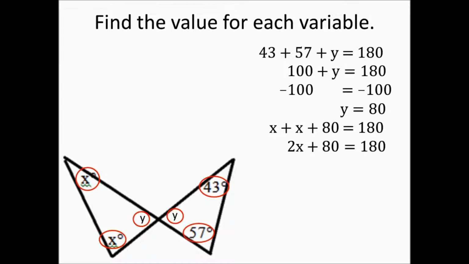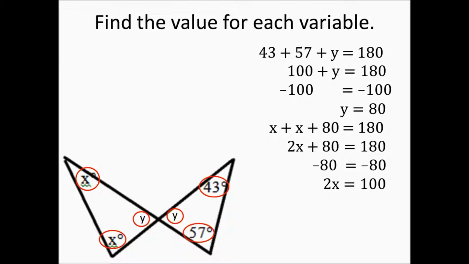So now we subtract 80 from both sides. 2x plus 80 minus 80 is equal to 2x. 180 minus 80 is equal to 100. The next step is to divide both sides by 2, since we're multiplying x by 2.